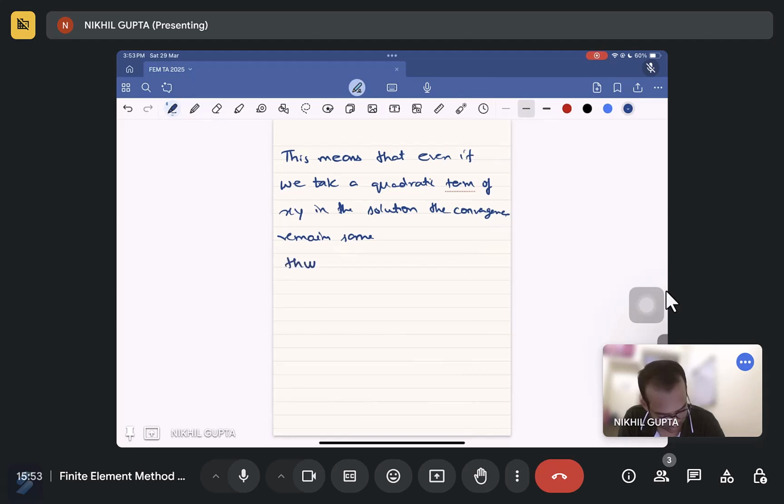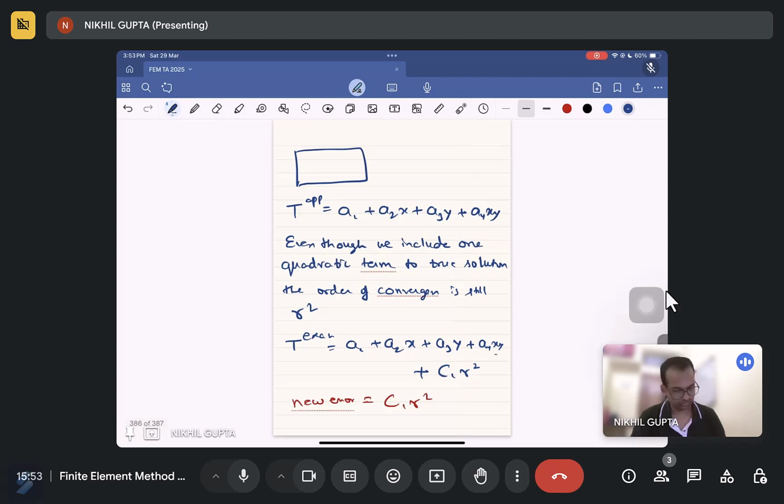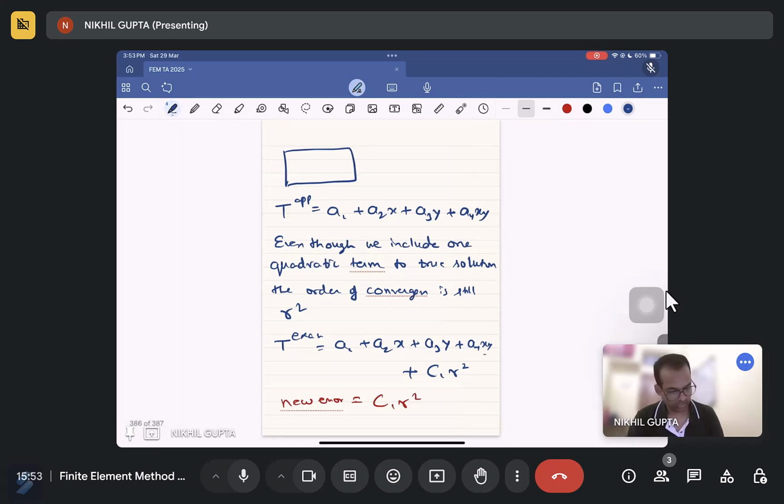Thus, it does not contribute to convergence, hence known as a parasitic term. Is it clear? Yes, sir. Okay, so this is the new thing I have for today.